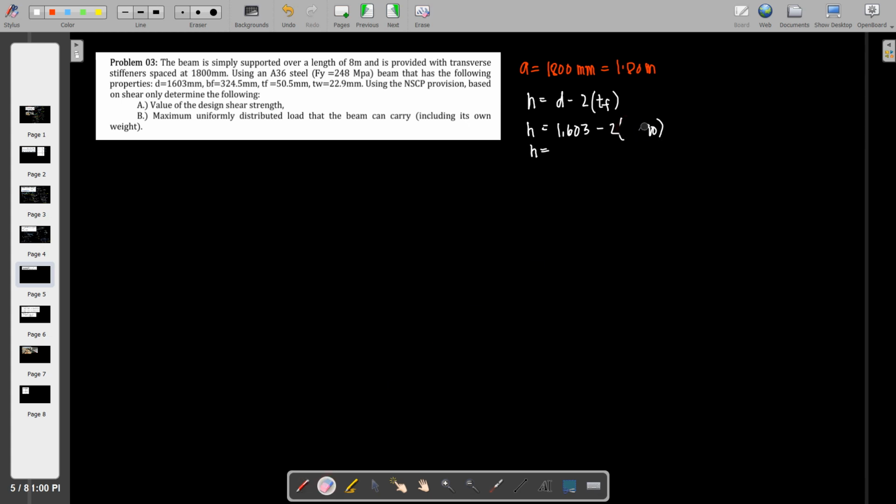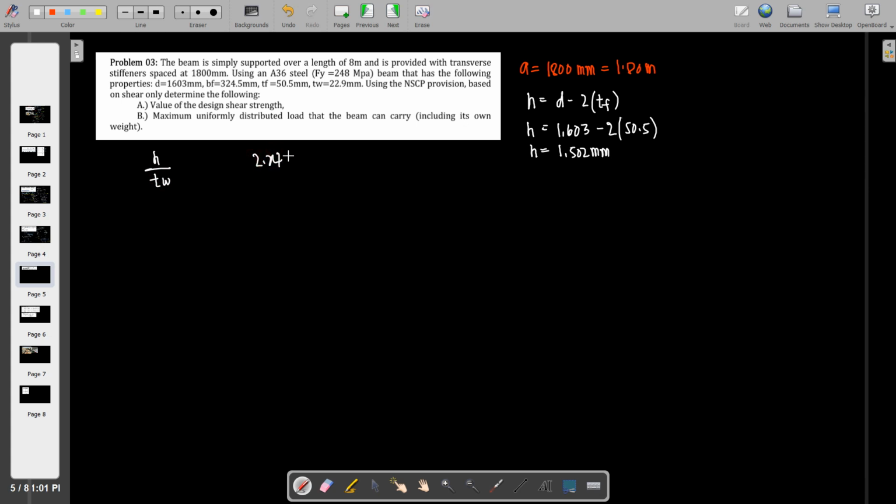So this is 2 times 50.5. So 1603 minus 2 times 50.5, that is 1502 millimeters.